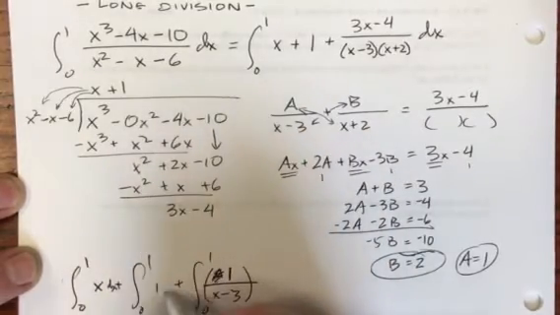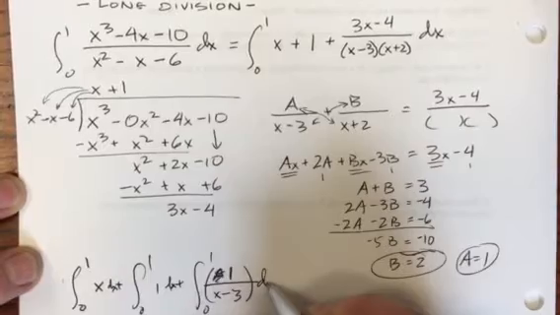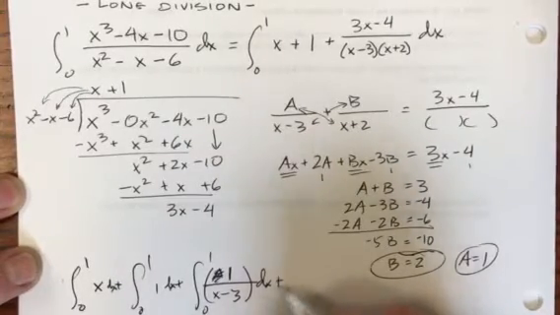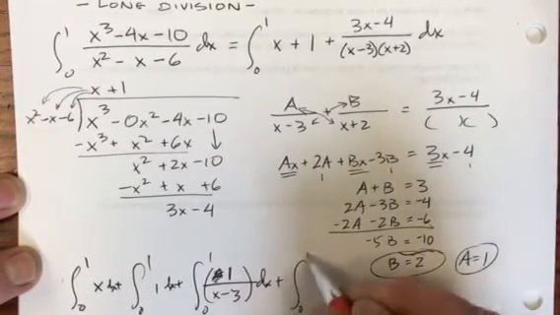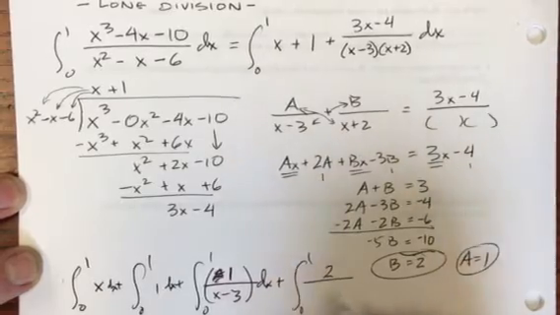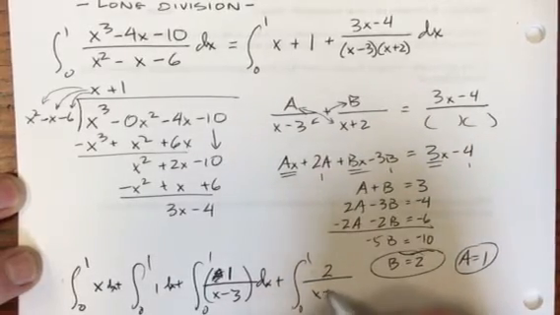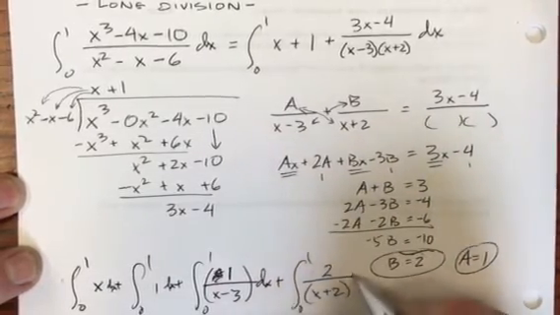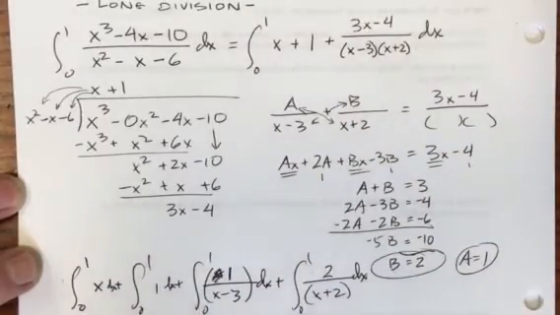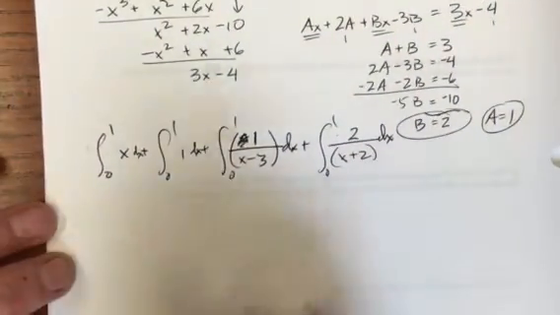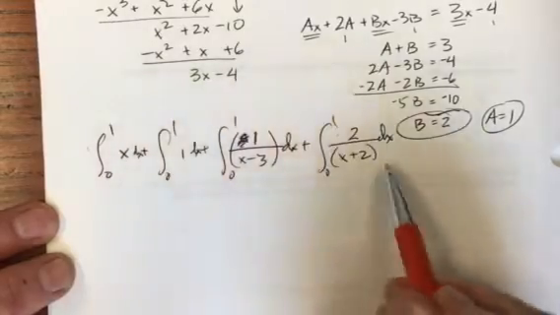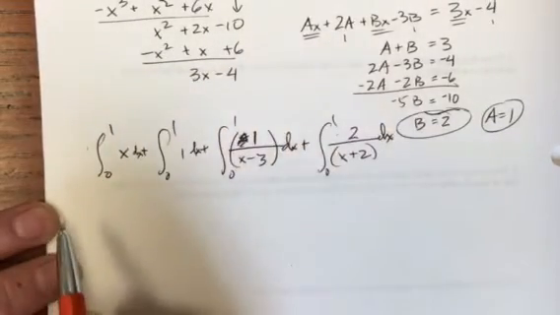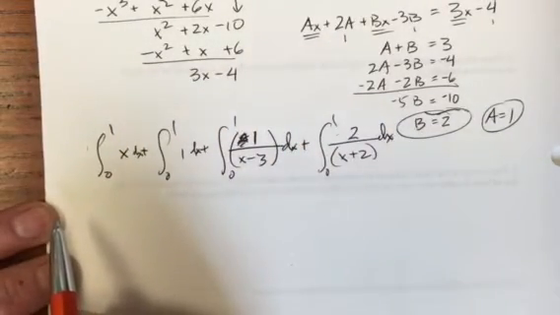I'm getting sloppy in my notation here, and then plus the integral from 0 to 1 of 2 over x plus 2, okay, dx. So then I can start integrating each of those carefully. I could have, of course, just kept them all simple terms, but I'm trying to emphasize the fact that we're splitting it apart and breaking it down.